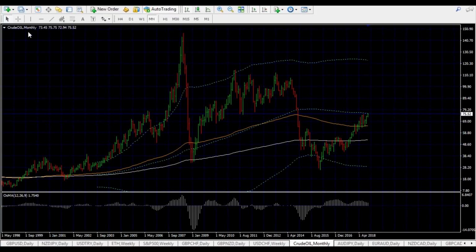So in this example, this is crude oil. In the previous videos, I talked about the one chart dissection video where I used complete price action without any indicators, and then in the follow-up video, I added indicators to the same chart to see how we could use them as extra ammunition to increase our probability of winning.